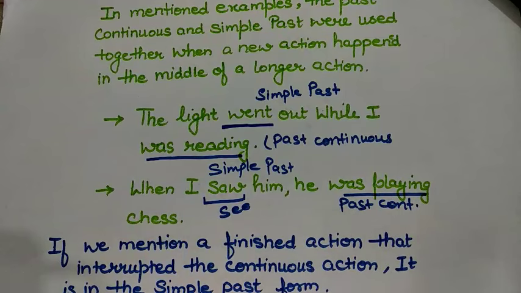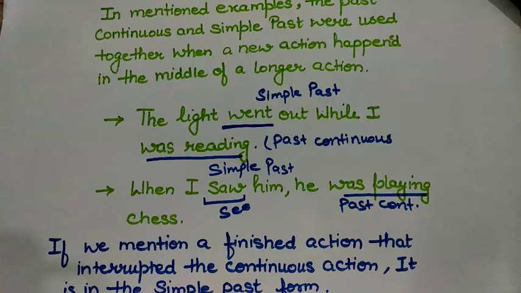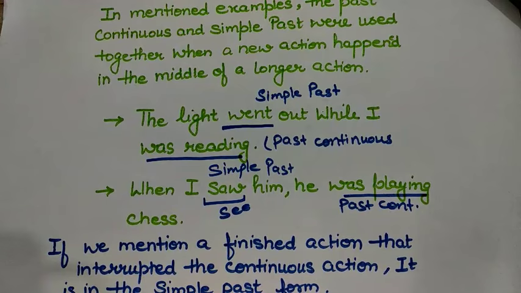That when he was playing, I saw him. So basically, this action is interrupting. So we can say that if we mention a finished action that interrupted the continuous action, we have to use that sentence in simple past form.